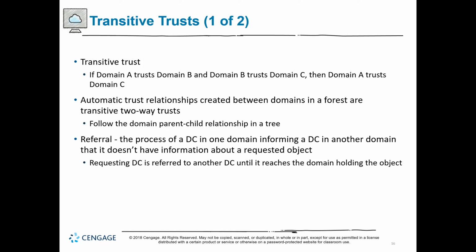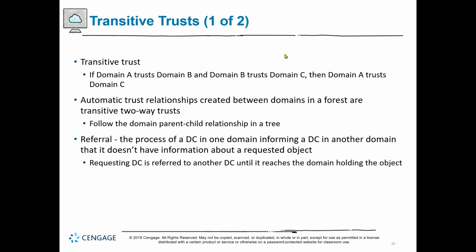Referral is the process of a DC in one domain informing the DC in another domain. If that DC doesn't have information about a requested object, the requesting DC is referred to another DC until it reaches the domain holding the object. So we've kind of talked a little bit about that.